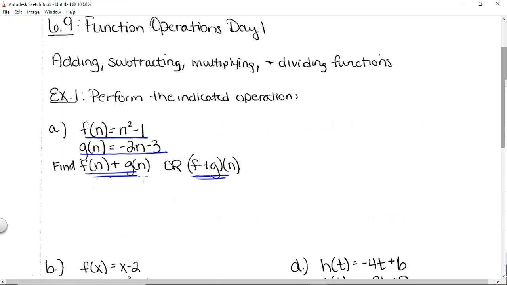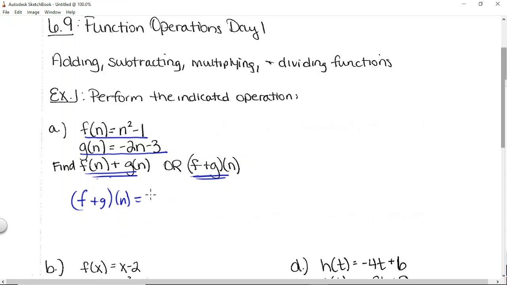So how do you do this? Well, all you do is add those two function definitions together. So here we go. f plus g of n equals, we just add those together.